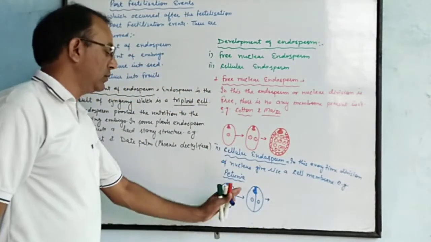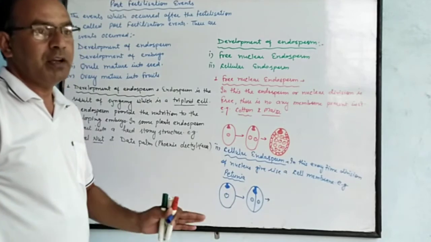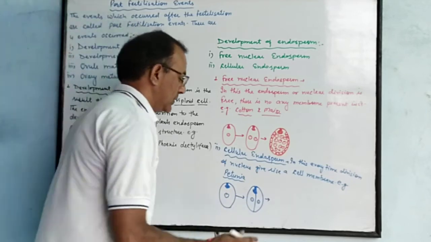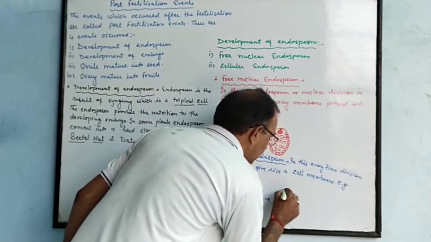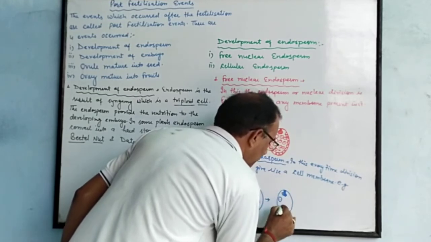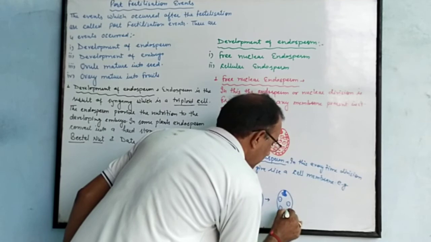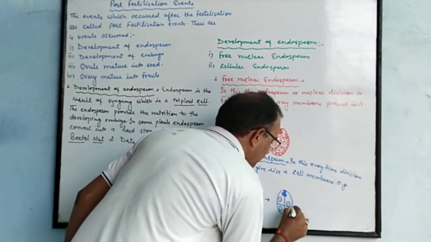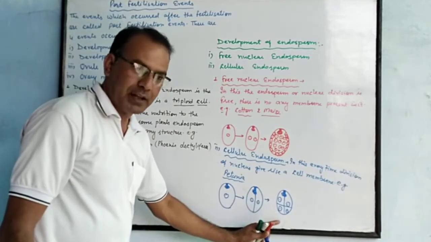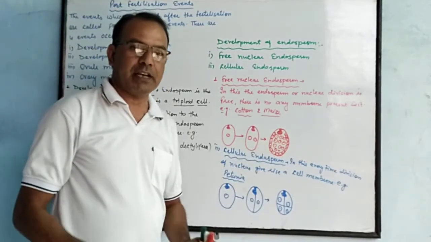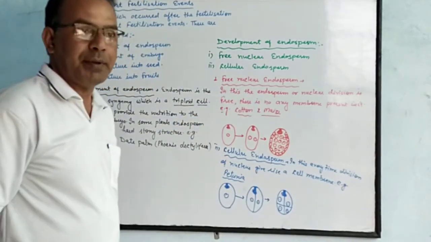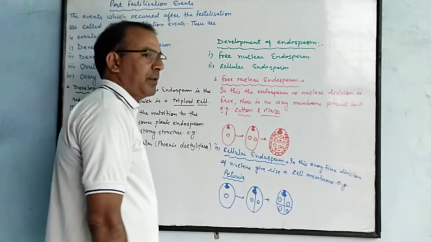As nuclear division occurs, every time a cell membrane follows, which separates all the different nuclei. In free nuclear endosperm, the nuclear division is free, so it is called free nuclear endospermic. And in this, a cell membrane is produced, so it is called cellular endospermic development.